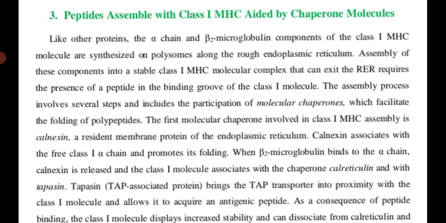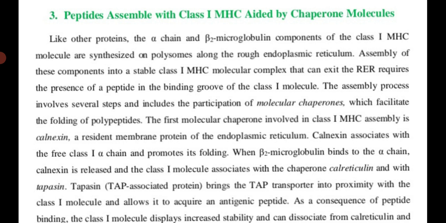The assembly of these components into a stable, complete class I molecule with the peptide, and after loading the peptide antigen on the class I molecule, it exits from the ER. But the assembly process requires several steps.